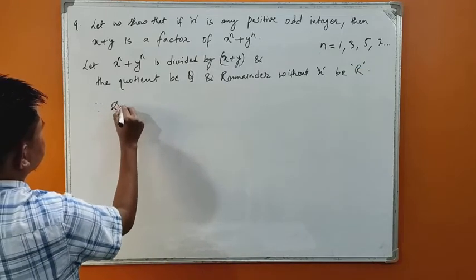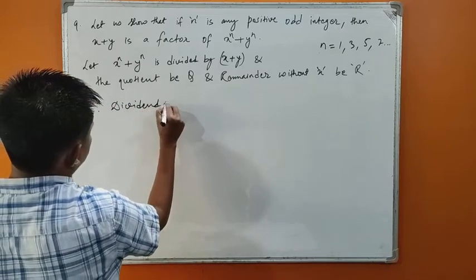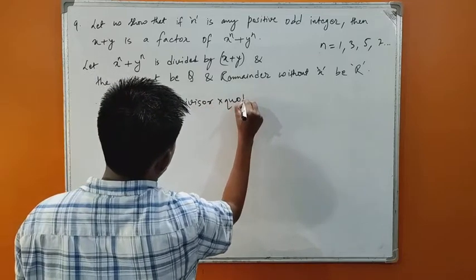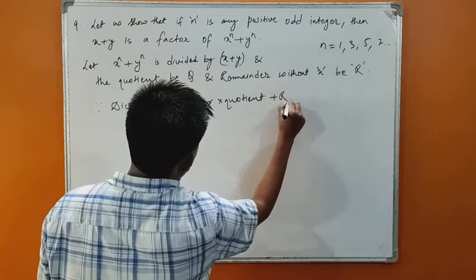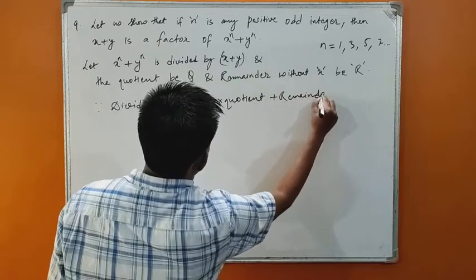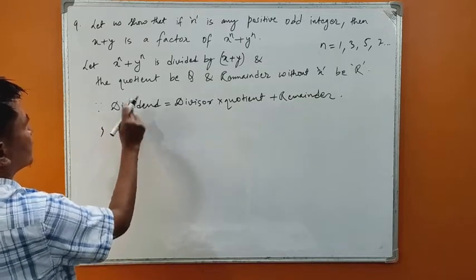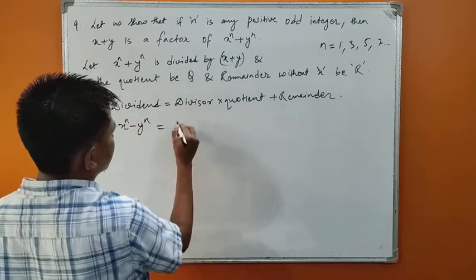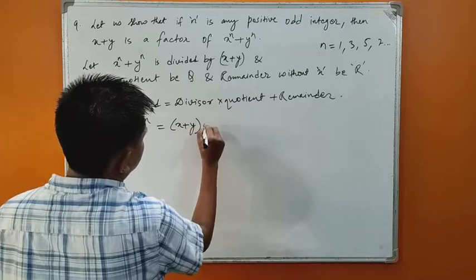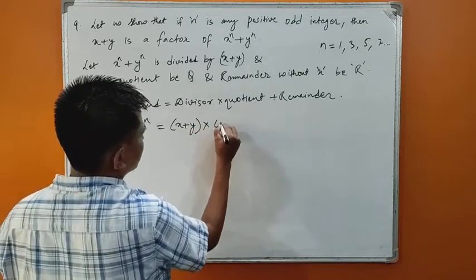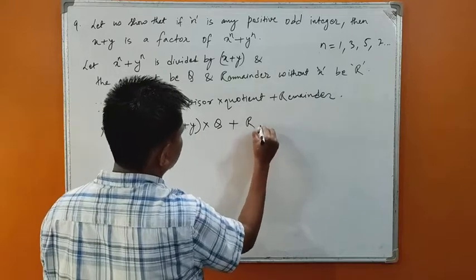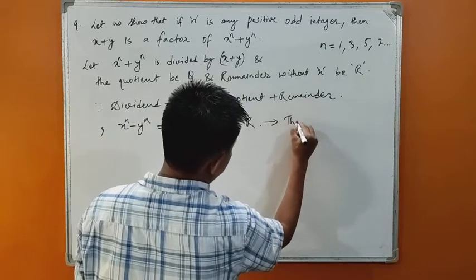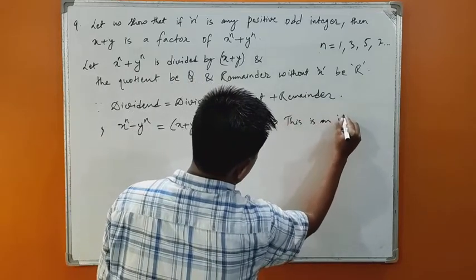Since we know that dividend equals divisor into quotient plus remainder, here the dividend is x to the power n plus y to the power n, the divisor is x plus y, the quotient is q and the remainder is r, isn't it? Now this is an identity, okay?